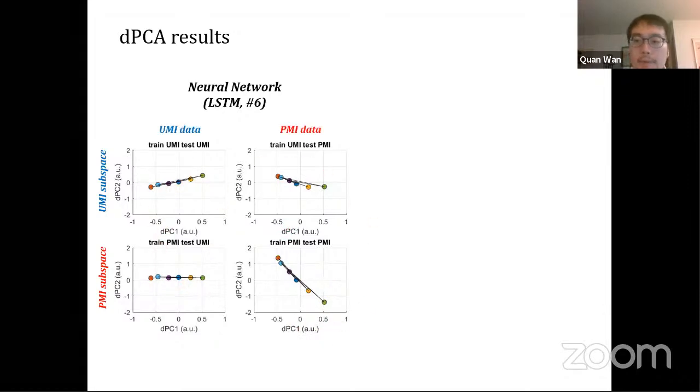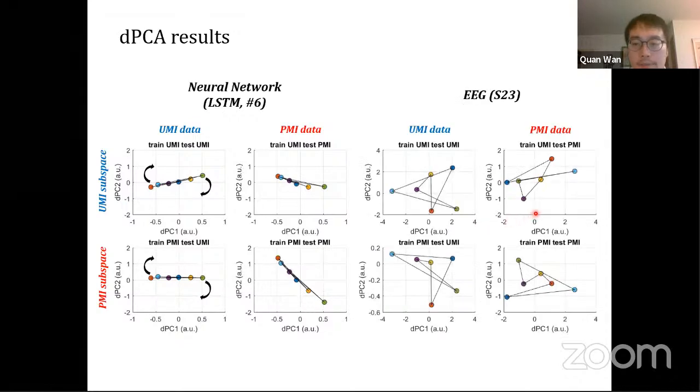So in each subspace, notice that the representational structure shown by the order of the colored dots from left to right is very similar between UMI and PMI. Actually, if you rotate the UMI representation clockwise, it will match the PMI data and vice versa. The fact that we get roughly the same representation in each column suggests that UMI and PMI are coded in similar dimensions.